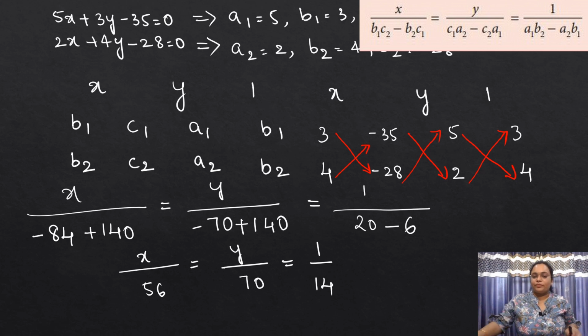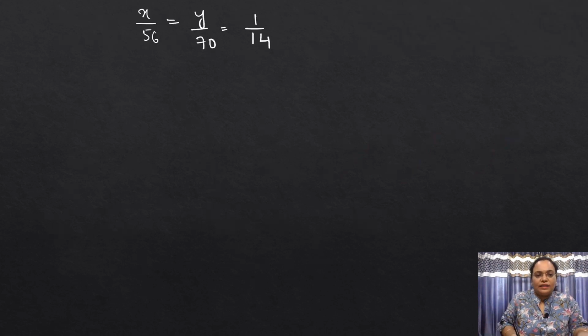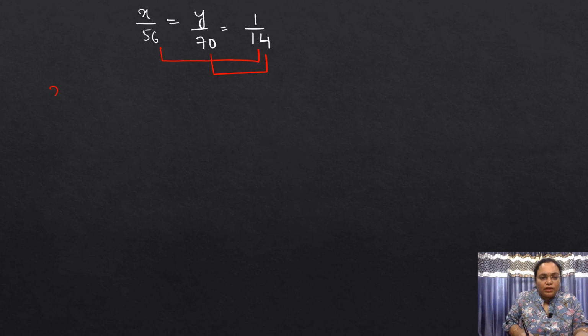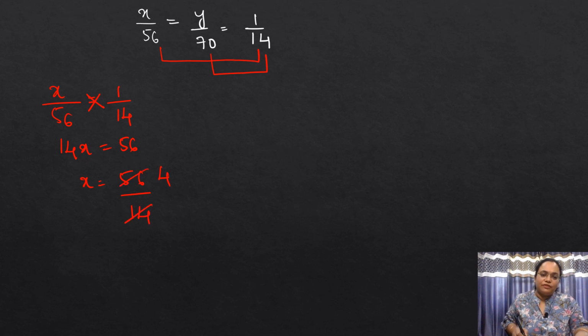Okay. So to find the value of x, we'll solve with the constant, and also with y, we'll solve with the constant. Okay. So we'll take x by 56 is equal to 1 by 14. So cross multiply. 14x is equal to 56. x is equal to 56 by 14. 14 ones are 14, 14 fours are 56.